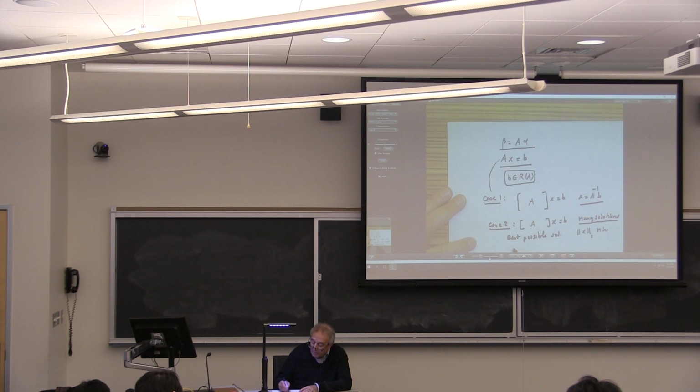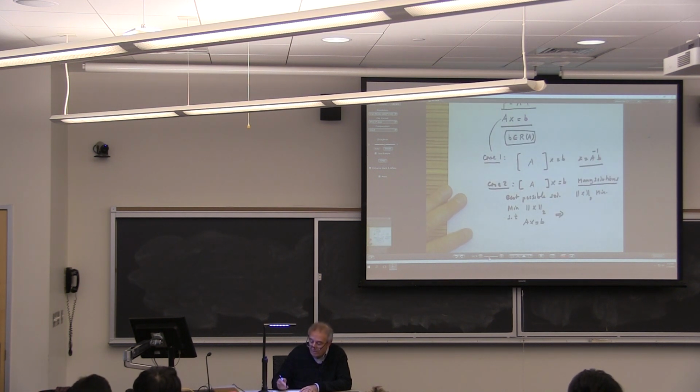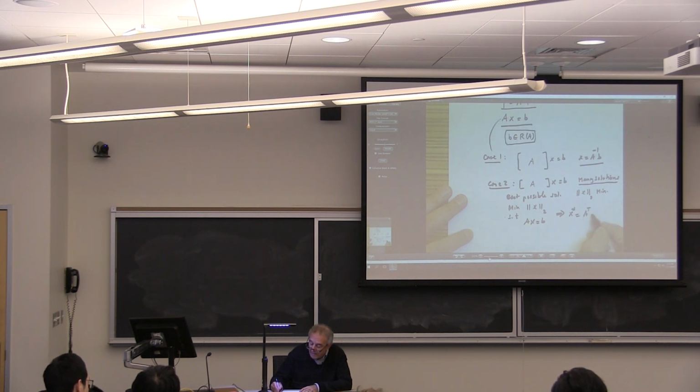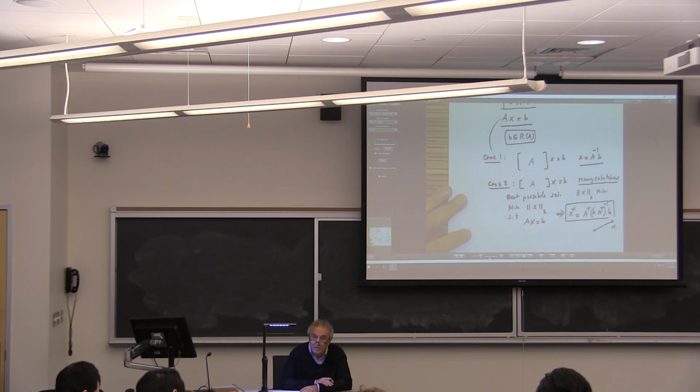When you solve this problem of minimizing the norm of X subject to the equation AX equals B, you find a very nice result, where X star becomes A transpose times the inverse of A A transpose times B. This becomes the best possible solution in terms of the length of the vector X. So we have many solutions, and among all those solution vectors, you have the X that has a minimum length.